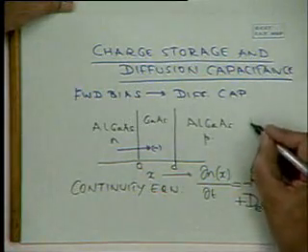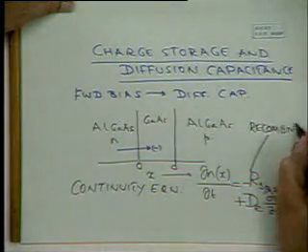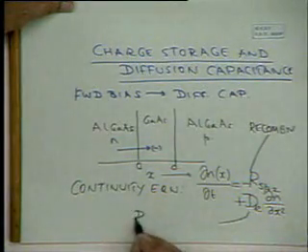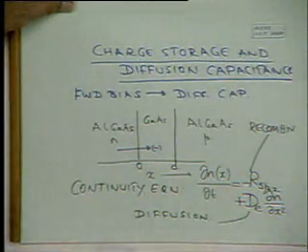This is the recombination term, and this is the diffusion term: carriers are injected and they diffuse out.